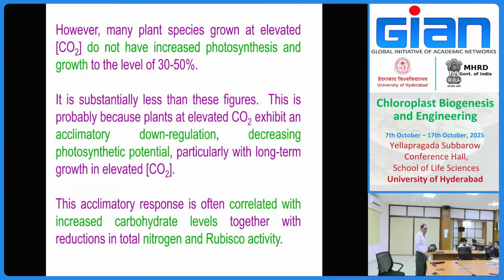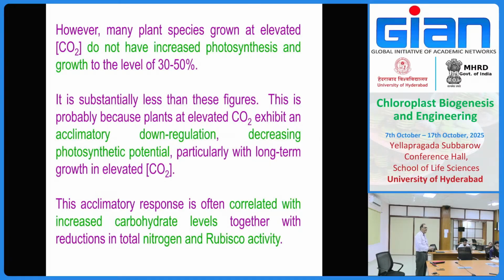Now, when the plant assimilates more carbon dioxide, it manufactures more and more carbohydrates. But where does nitrogen for proteins come from? Nitrogen comes from the soil in the form of nitrate.